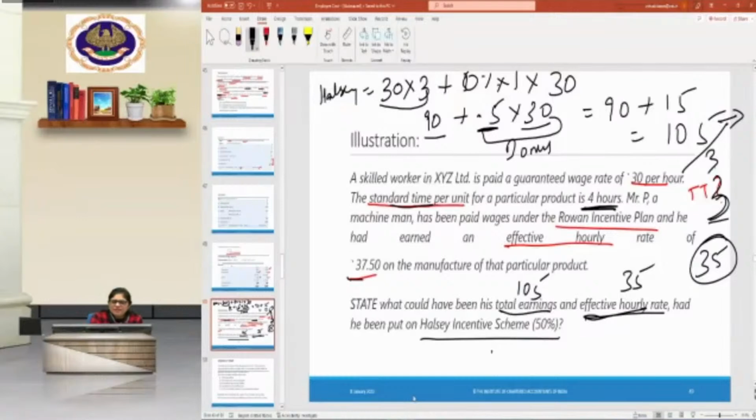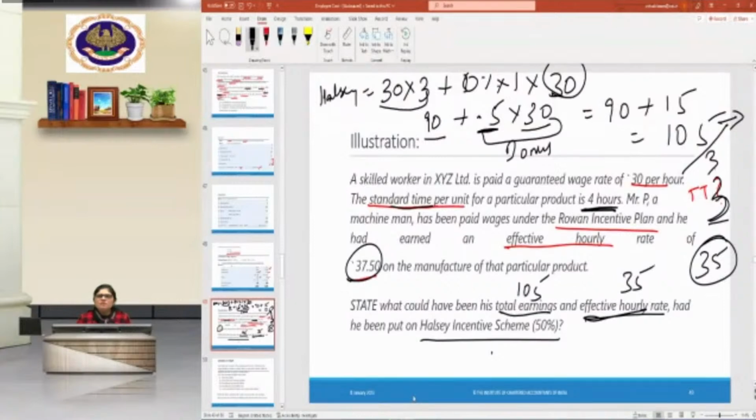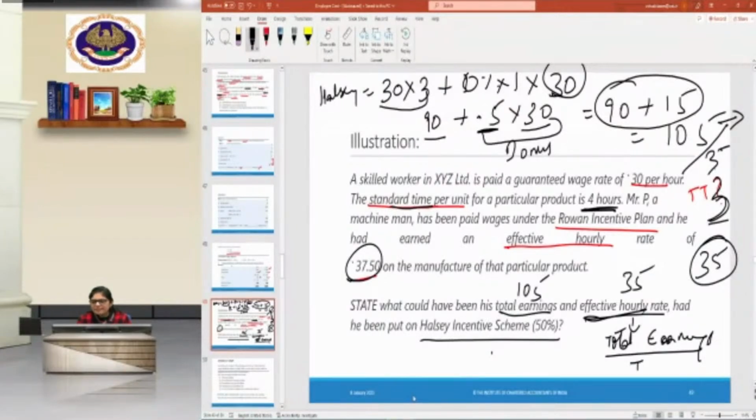Under the Rowan plan, the effective rate was 37.5. See, 30 per hour was the normal wage rate per hour. Effective hourly rate means the total earnings which the worker is earning, basic plus bonus, divided by the total time taken by that worker. 30 is only the wage rate per hour, but total earnings divided by time taken.